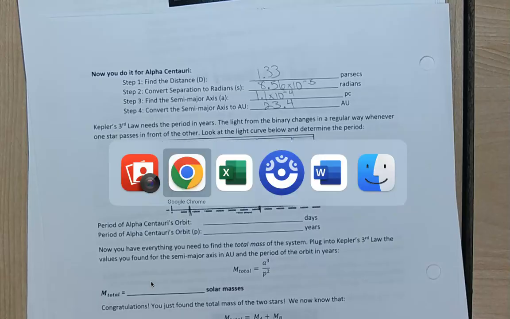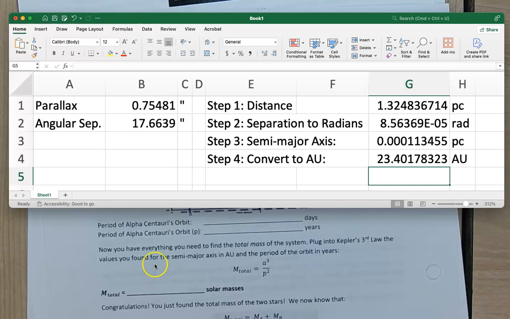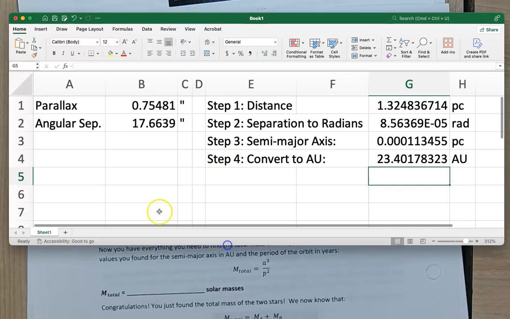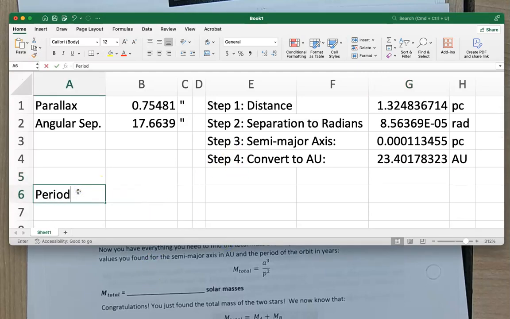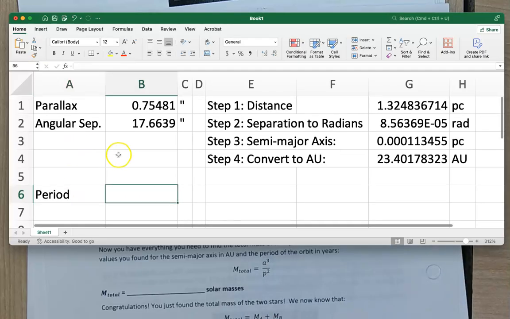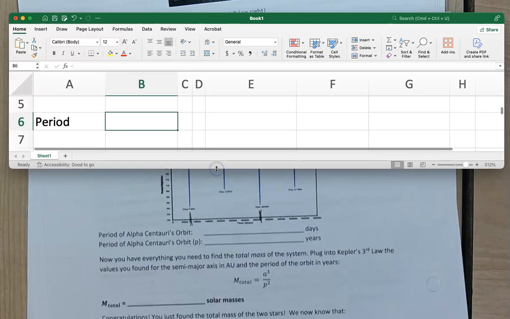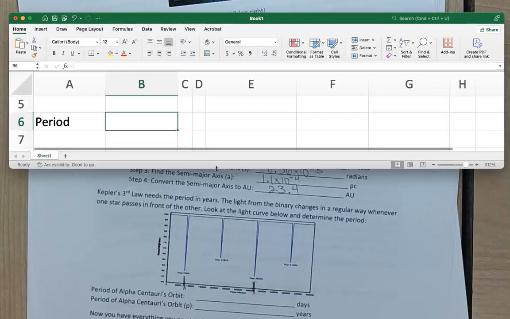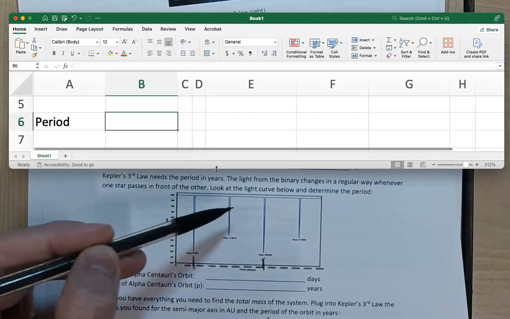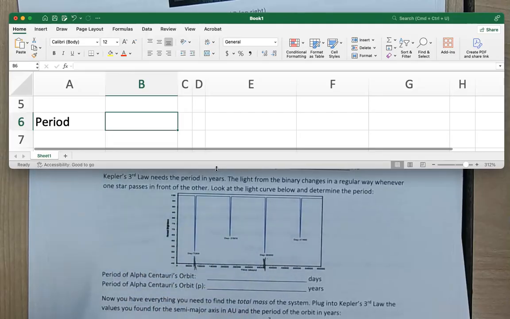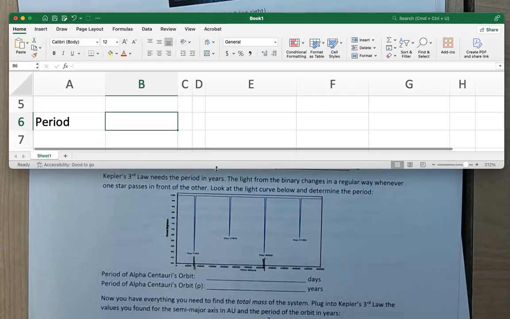Well, let's add this to my spreadsheet here. I'm going to say the period is the difference between these two. Let me get these both in view here, right? The period is the time from big dip to big dip. So the first big dip happens on day 7,300.